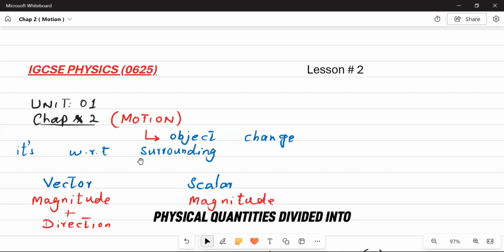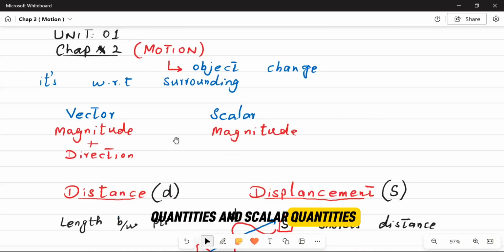Physical quantities are divided into base quantities and derived quantities, and physical quantities are also described in the form of vector quantities and scalar quantities. So what are vector quantities and scalar quantities? Vector quantities are those quantities which have magnitude as well as direction. But in a scalar quantity, we can explain everything about the quantity with respect to its magnitude only.